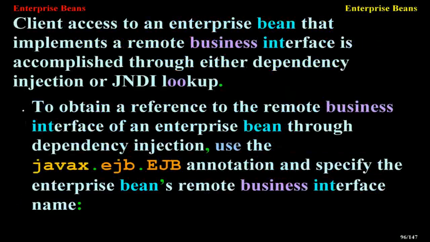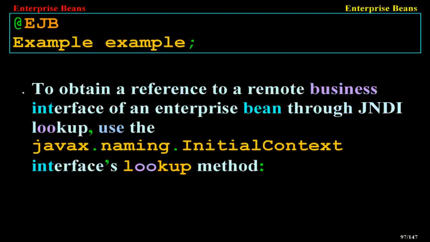Client access to an enterprise bean that implements a remote business interface is accomplished through either dependency injection or JNDI lookup. To obtain a reference to the remote business interface of an enterprise bean through dependency injection, use the javax.ejb.EJB annotation and specify the enterprise bean's remote business interface name. @EJB Example example.